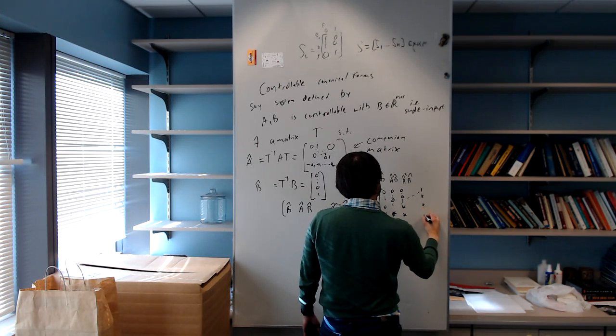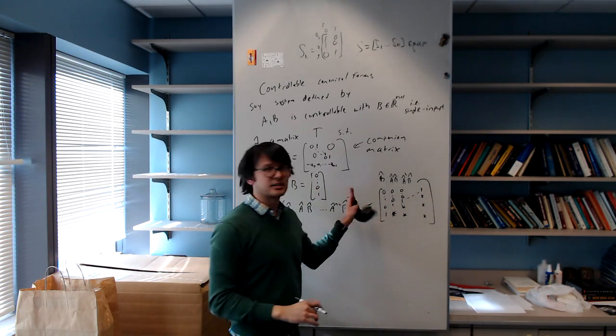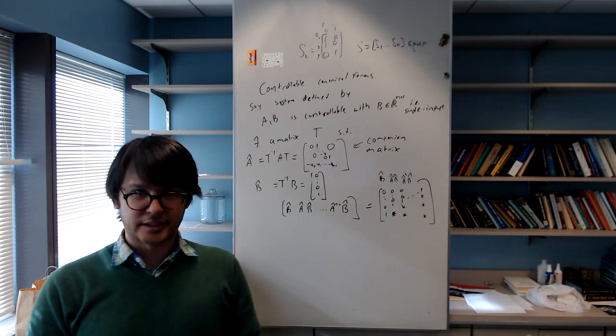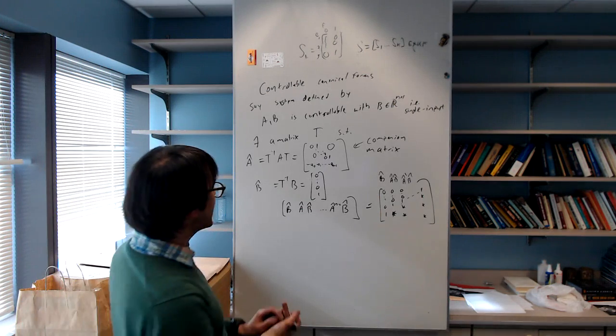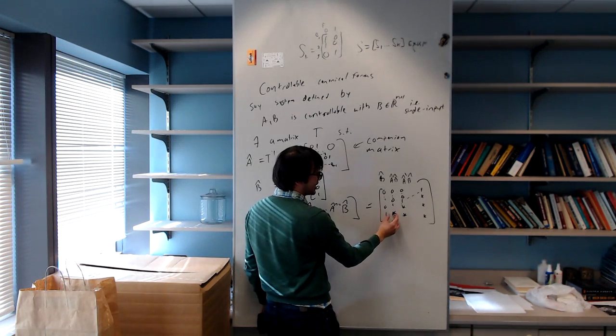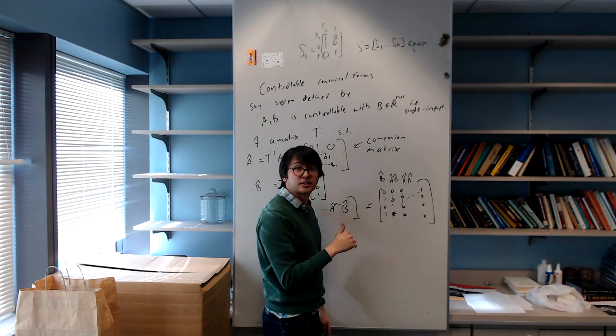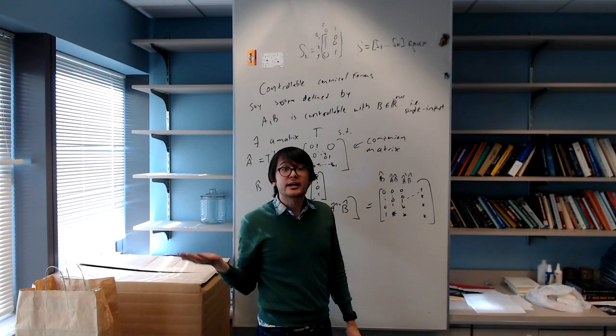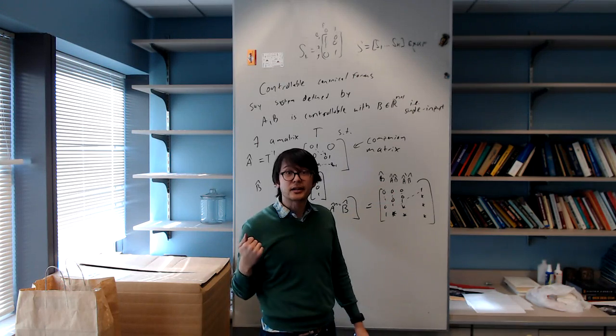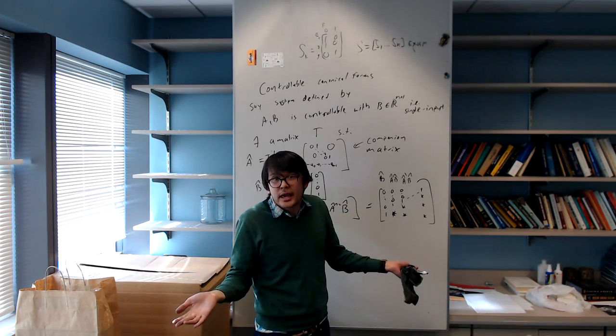I don't really care what that stuff is, because what is the rank of that matrix? It's n. That's right, because I can't change the rank. The rank is the number of linearly independent columns, and I could just shuffle the columns around and get an upper triangular matrix with 1s along the diagonal. So that means it's got rank n.